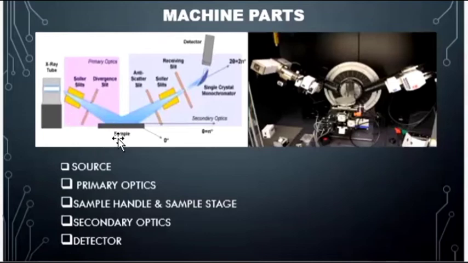At the center is the sample holder in a sample stage. And at the right side, highlighted in blue, is all of the secondary optics. And lastly, we have the detector.